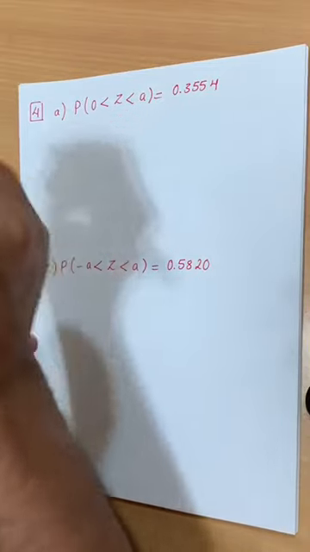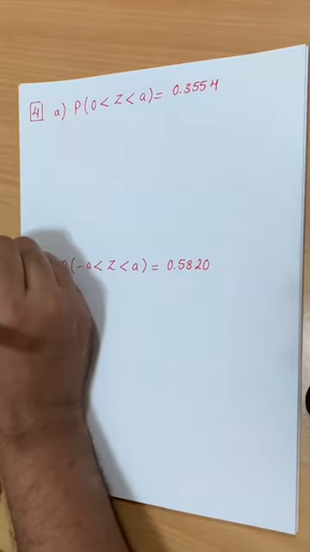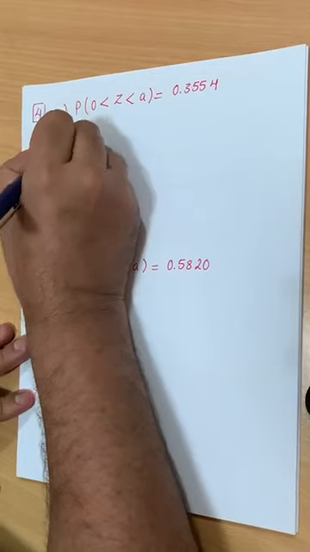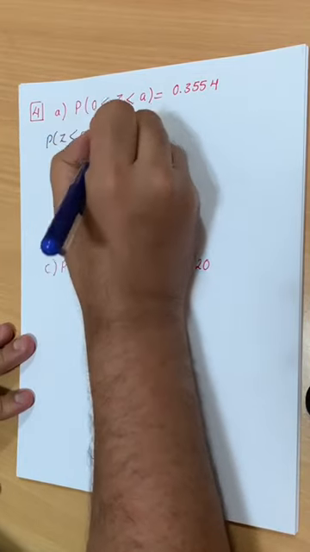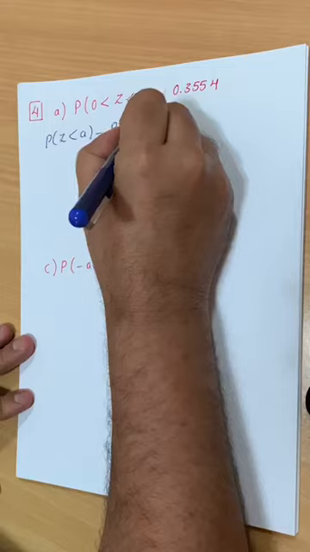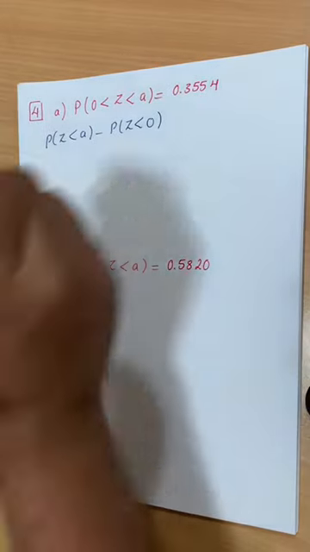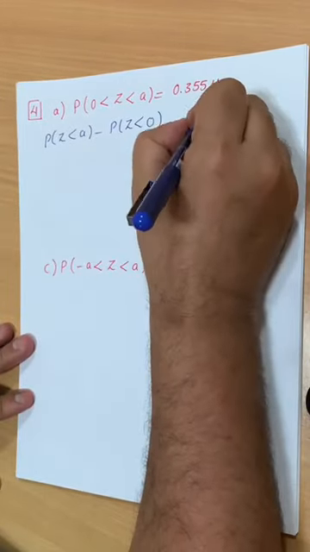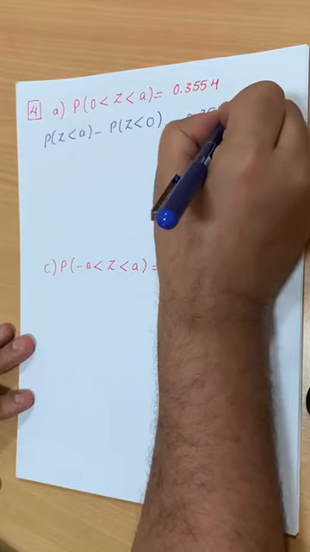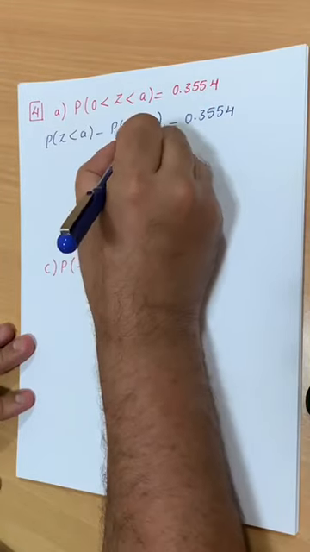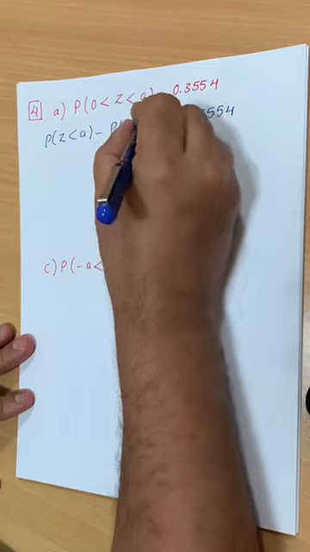So as we did before, we have to split this probability into two parts. Probability of Z less than the highest minus probability of Z less than the lowest, which is 0, equals 0.3554. This part is 0.5 and you have to move that to the other side.